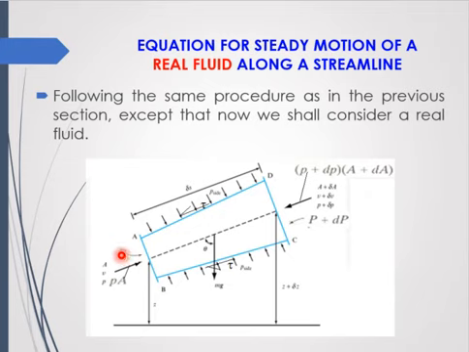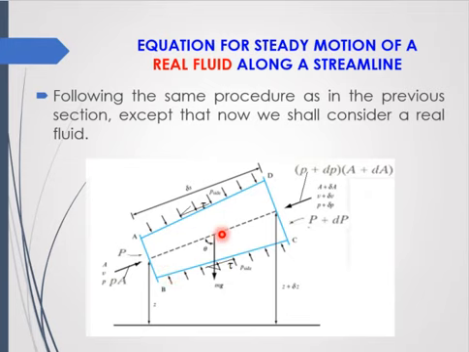Here capital P is the wetted perimeter on this side, and P plus dP is the wetted perimeter on this side, with the distance between the two sections being delta S, and this is the elevation Z and Z plus delta Z. This is the weight component acting downward, and we have taken its component in the flow direction.